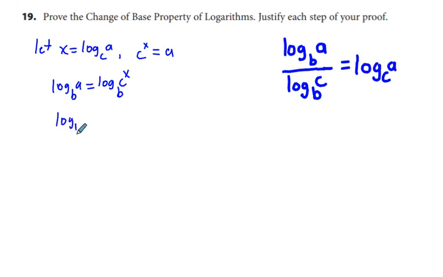So log base b of a is equal to x log base b of c. Then we can solve for x by dividing both sides by log base b of c, and they cancel out.